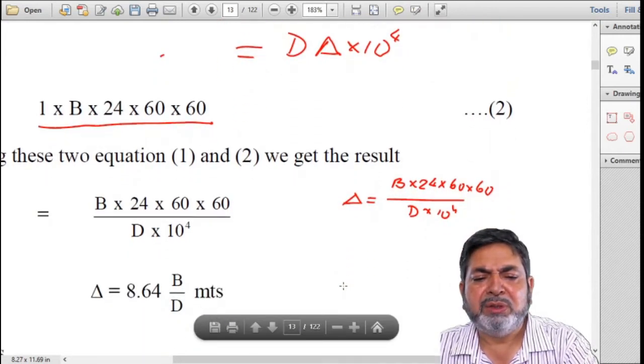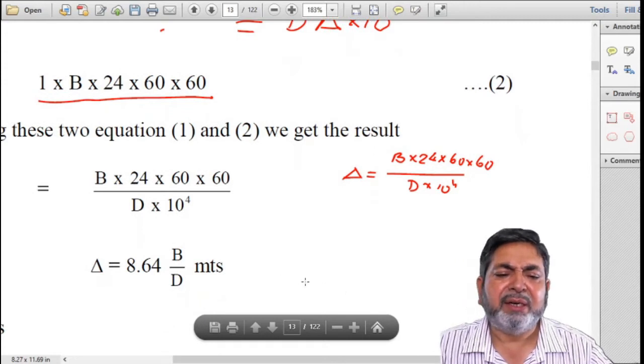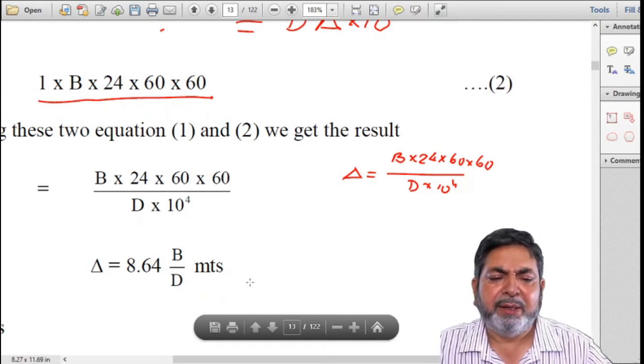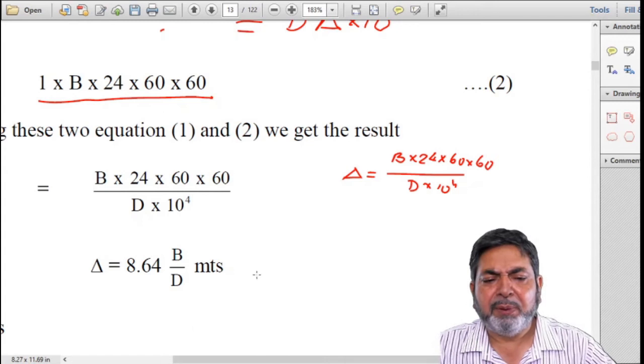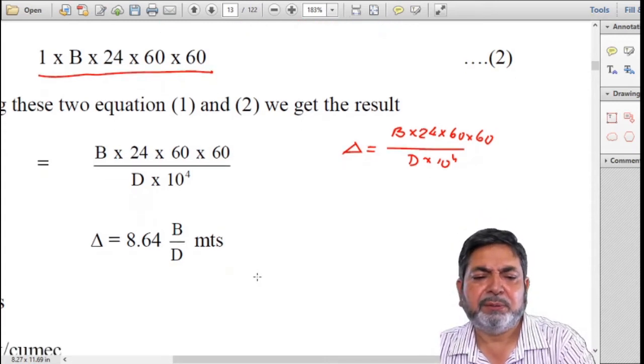So on simplification you will get this relation: 8.64 B upon D meters.